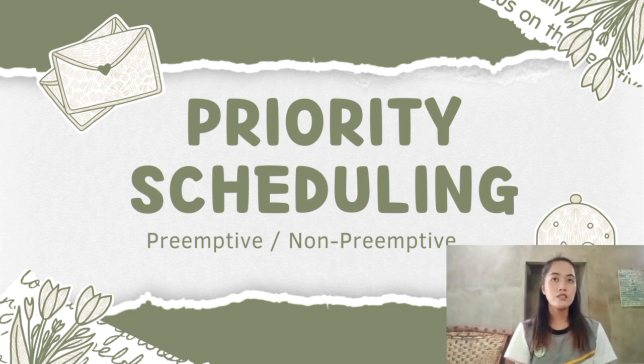In priority scheduling, each process is assigned a priority number. The CPU always chooses the process with the highest priority. In most systems, a lower number means higher priority, but this depends on the implementation.